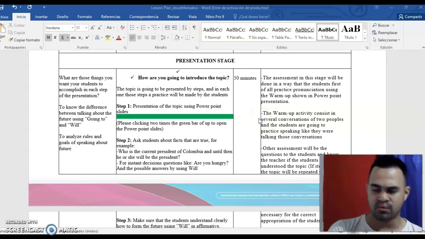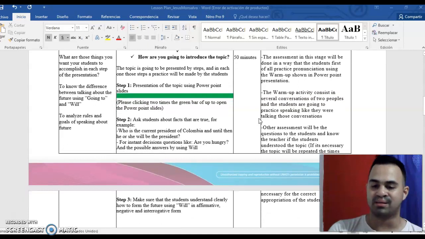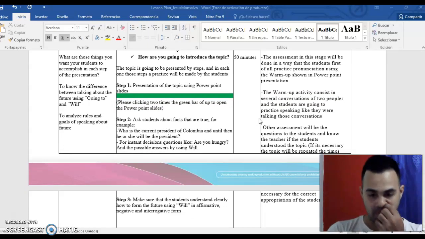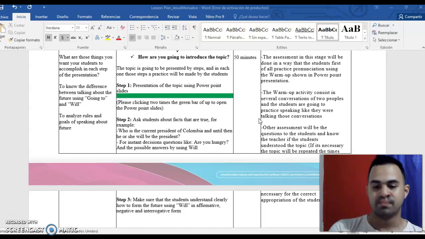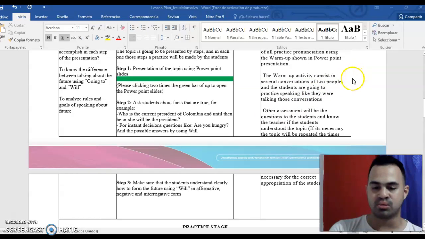The time for this stage is 50 minutes, sorry. The assessment in this stage will be done in a way that the students first of all practice pronunciation using the warm-up shown in the PowerPoint presentation. The warm-up activity consists of several conversations between two people, and the students are going to practice speaking as if they were having those conversations.